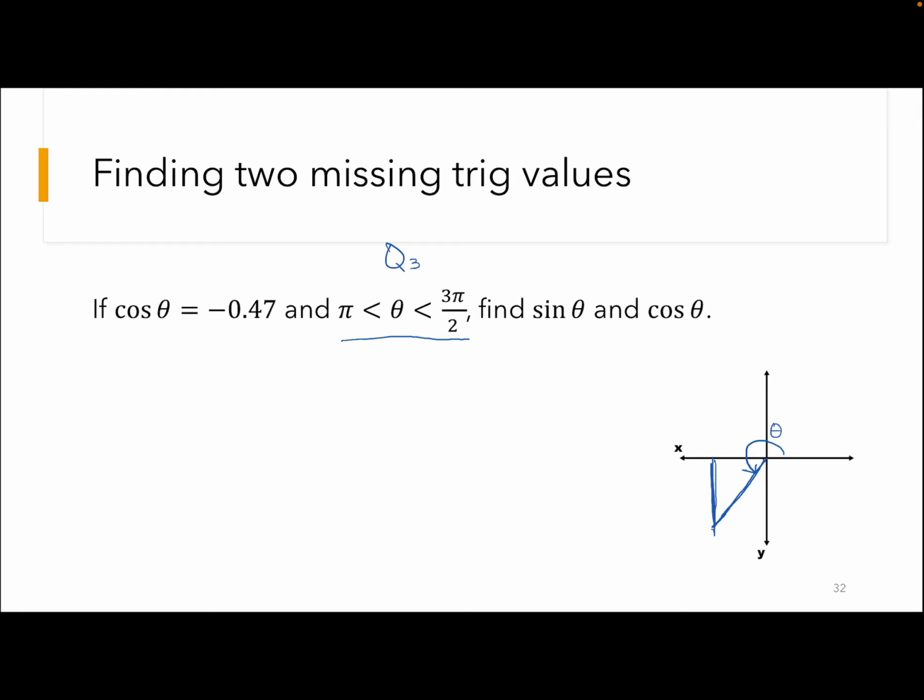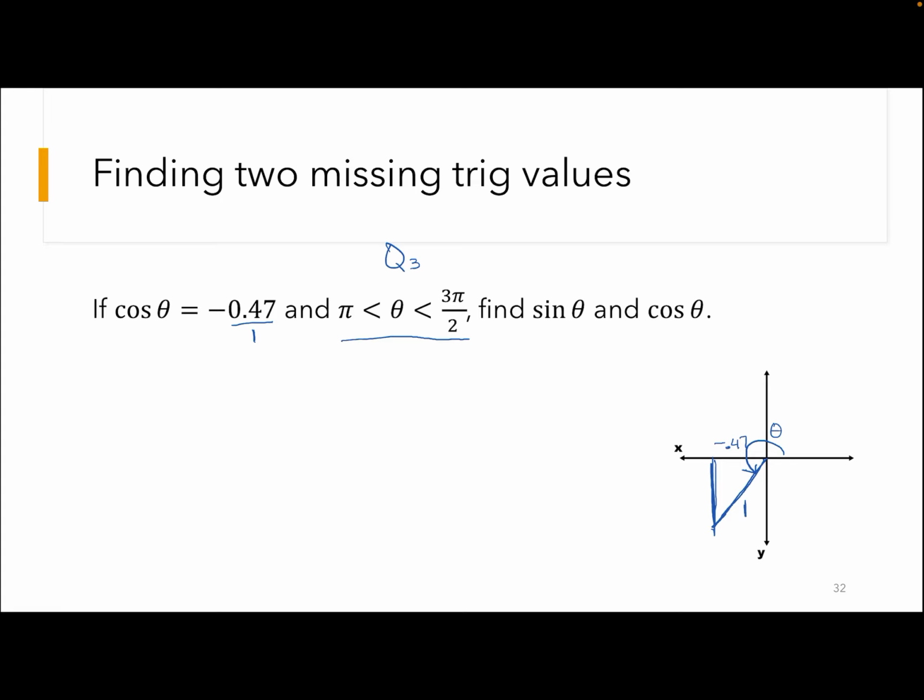We're going to get a reference angle of theta minus pi, but we know that cosine is -0.47. So we're going to make this value -0.47. And remember, cosine can be understood to be divided by 1 if we don't have a denominator. So the hypotenuse is 1.